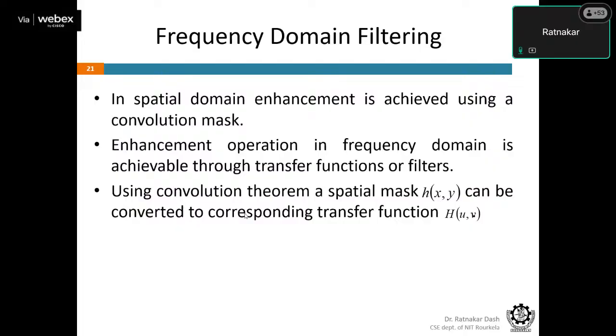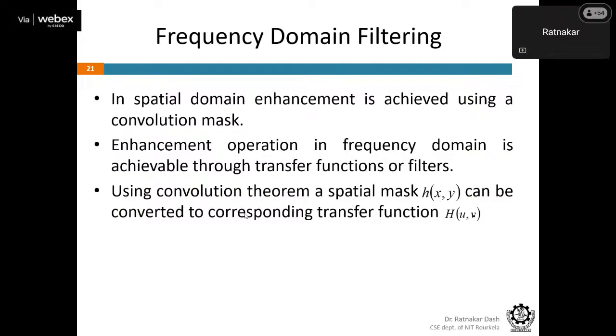Here all the operations are carried out in the frequency domain, using some kind of transfer functions or filters. The filter or filter mask which we have seen in the spatial domain is also considered a filter, but when you talk about the frequency domain, we term it a transfer function.